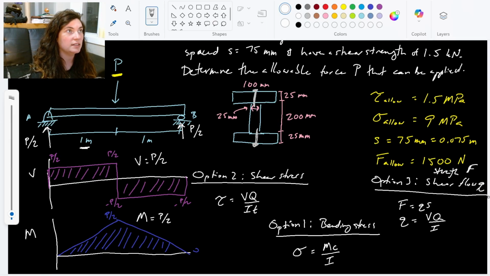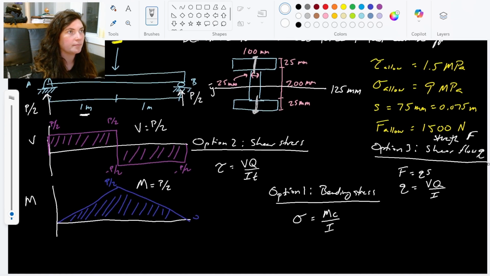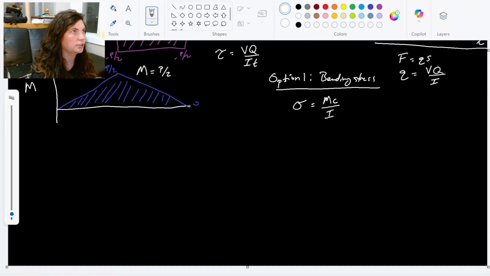Thankfully, this guy is symmetrical, right? About the top and bottom. He's perfectly symmetrical, so his neutral axis is going to hit right in the center there. This is 250, so his neutral axis hits at 125 millimeters. 125, that's our y bar. All right, let's find our moment of inertia.